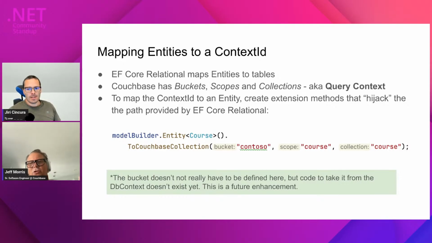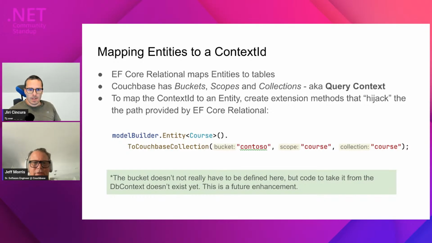You map it when you configure the provider itself, and then you reuse it over and over again. Scope and course, though, yes. And then the scope and the course are still there. This is a little confusing because the course and the collection name happen to be the same. But that's just a circumstance.